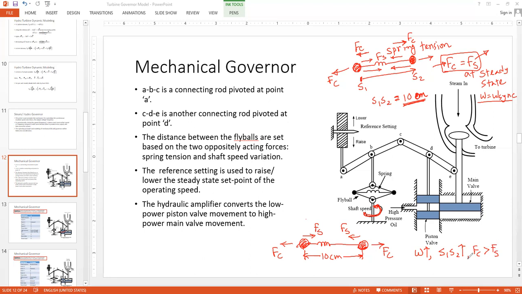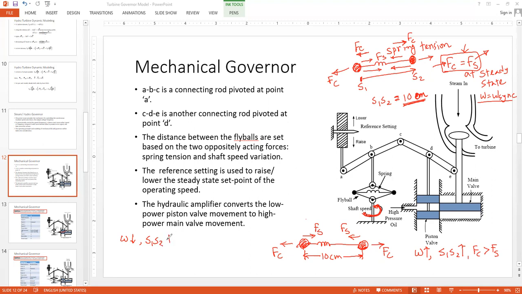Yes, sir. Excellent. In the reverse scenario, if omega reduces, what will happen? Again, this balance will be disturbed. Now, how will it affect the values of S1, S2? If omega reduces, this rotational force will have less effect, less centrifugal force being applied on the spring or the balls. So what would happen if there is less centrifugal force?